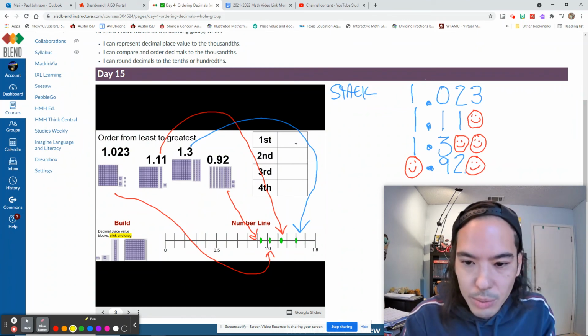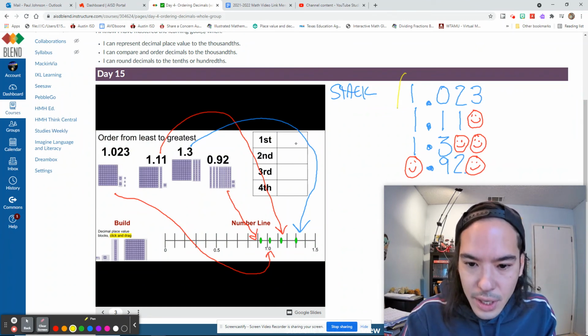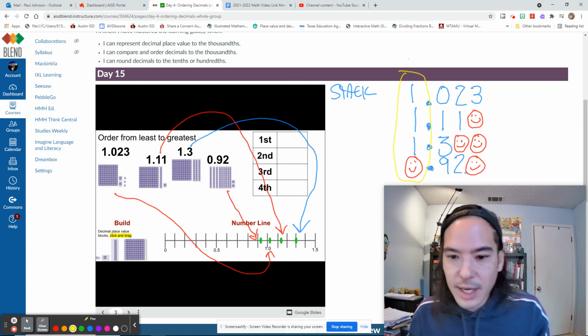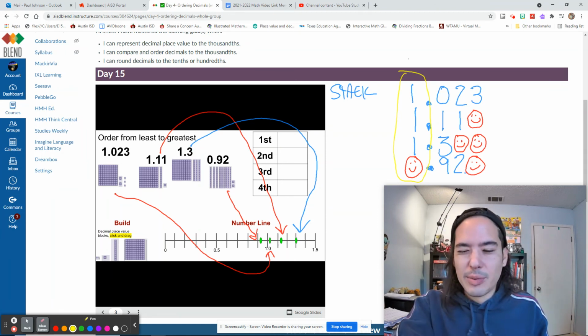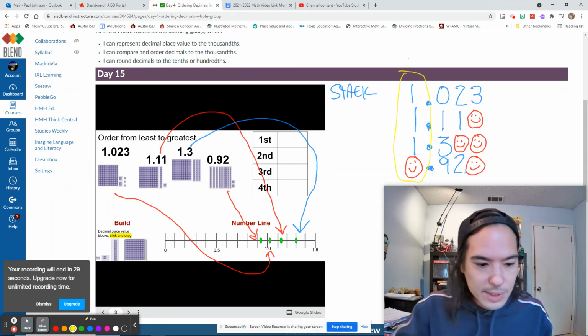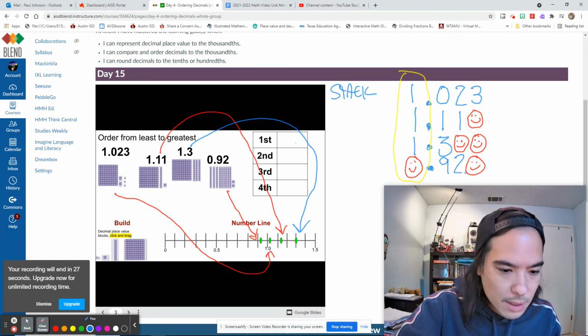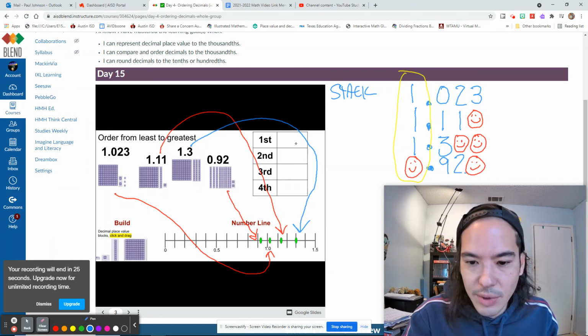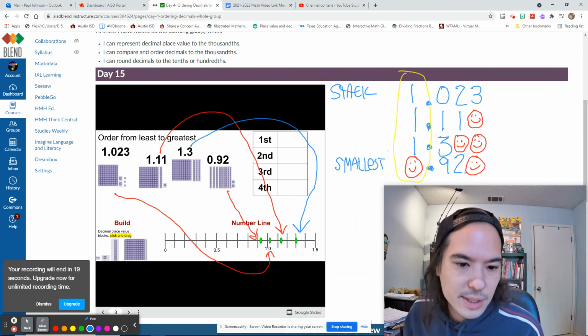Look one place value at a time. We're starting right here, so we're covering up anything that's not circled. Cover it up with your hand real quick. Can we already tell which one's the smallest? We can, because this one has 0 ones. It's the smallest.